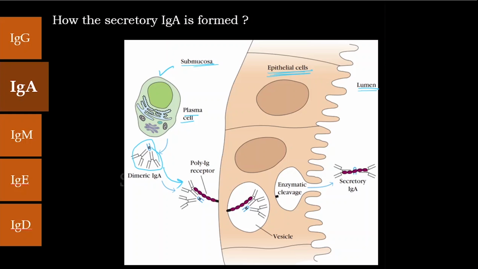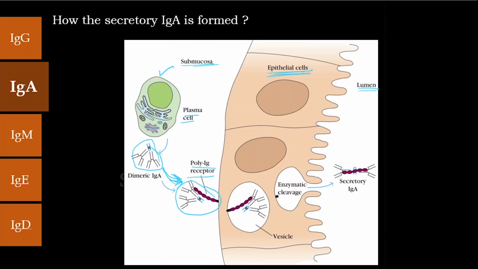Now these IgA start migrating towards the epithelial tissues, where they will bind with the receptor. This is the receptor, and as I told you, the receptor is the poly-Ig receptor. So these IgA bind with this poly-Ig receptor.